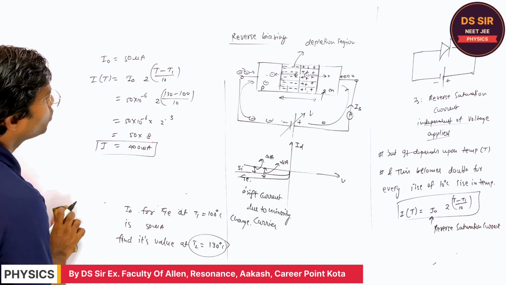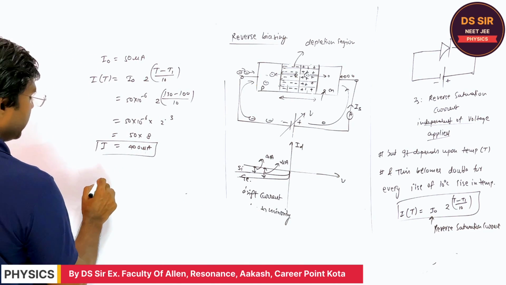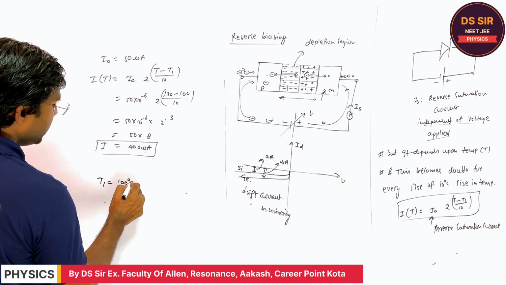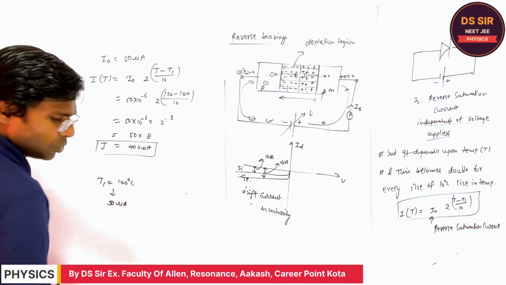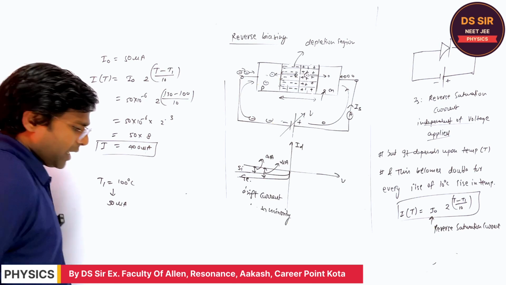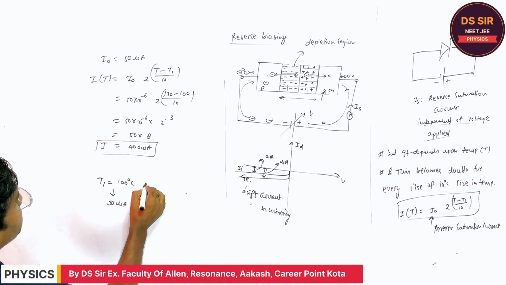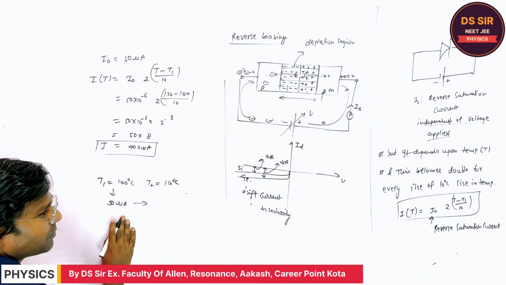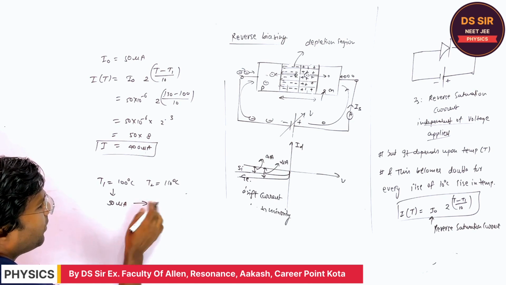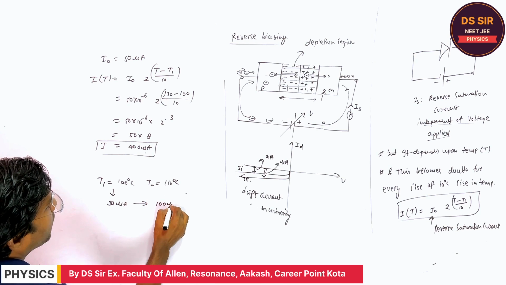Also, listen, how to do that? T1 temperature is what? 100 degrees centigrade, and for this, 50 microampere. Understood, Sanjay? For every 10 degrees centigrade rise from 100, it becomes double.